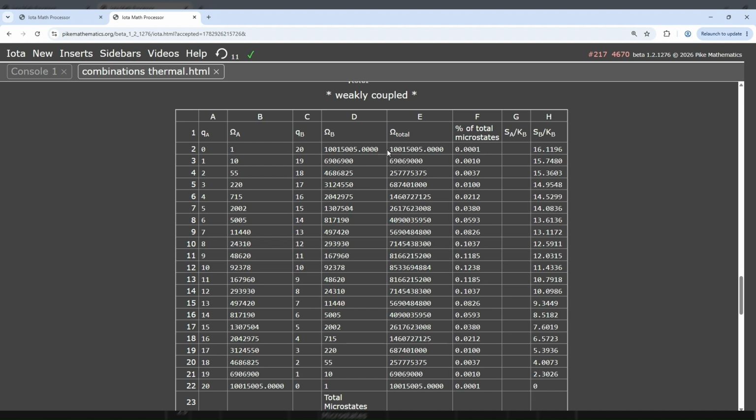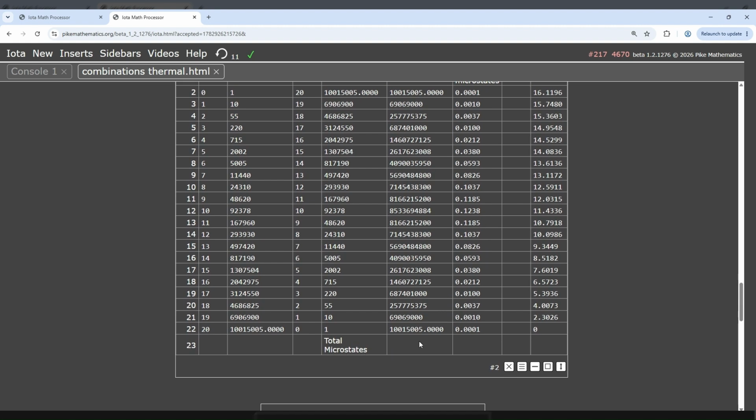You can see at either end we get that 10 million number. But the greatest multiplicity is when we have 10 energy units in solid A and 10 energy units in solid B. Well, let's see how many total microstates we have. Iota has a nice sum function. We'll just reference these cells.